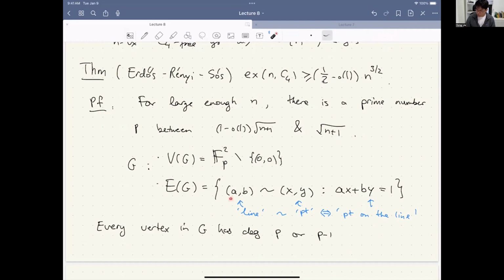Let's say you first fix the vertex (A, B), okay? Now you have P choices to choose X. After you choose X, Y is uniquely determined. You solve this. So there are P choices, maybe P minus 1 if there's a loop.